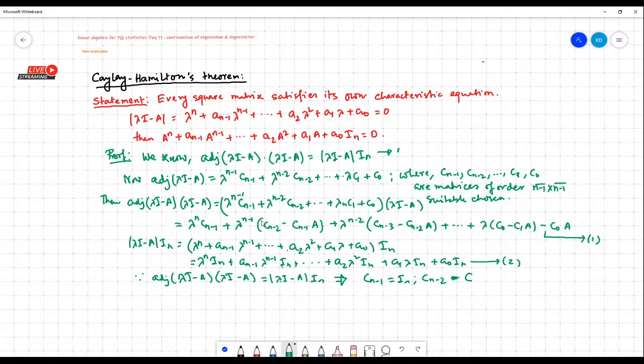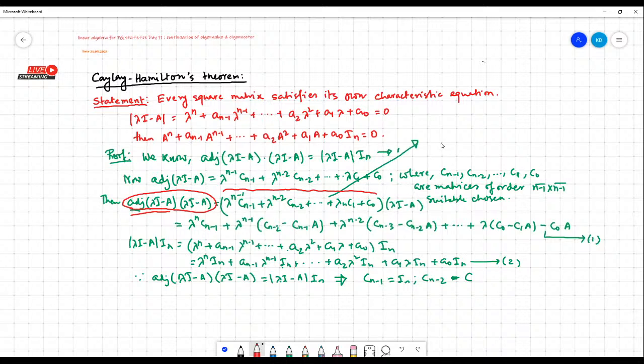Okay. So see, adjoint of lambda I minus a into lambda I minus a. If you multiply, this portion is this one.